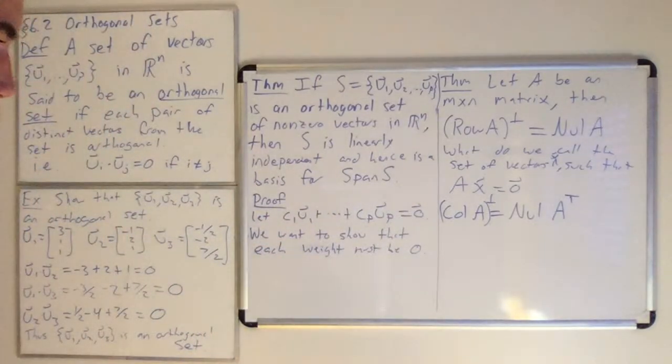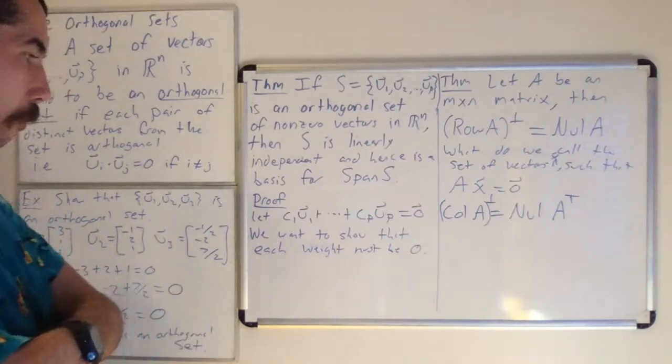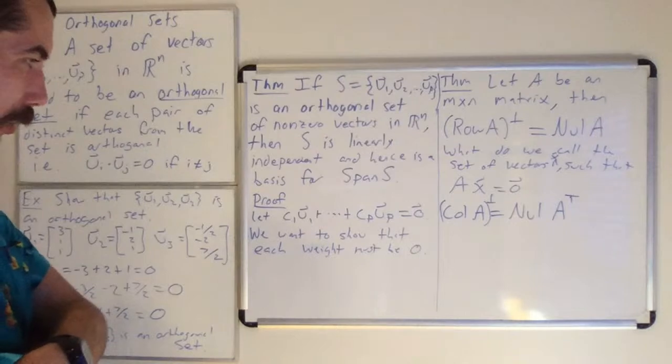It means all the weights are 0. Okay, so the question is, how do we show this?